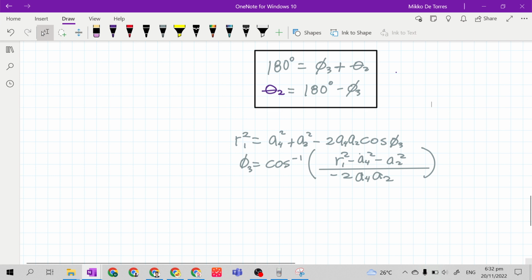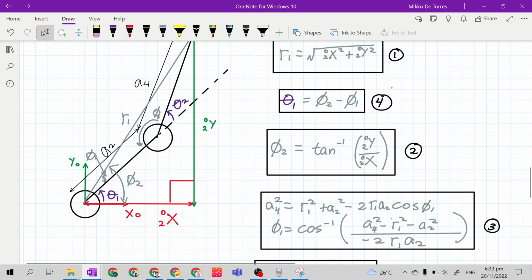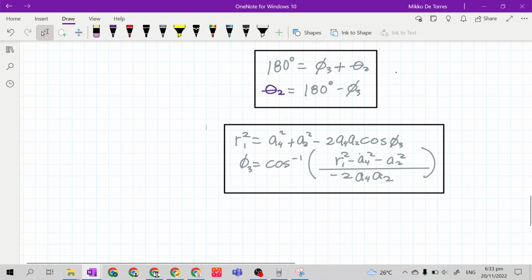We will put it inside a black rectangle. Then we will number it. So after 4, the next one that we will solve is number 5.